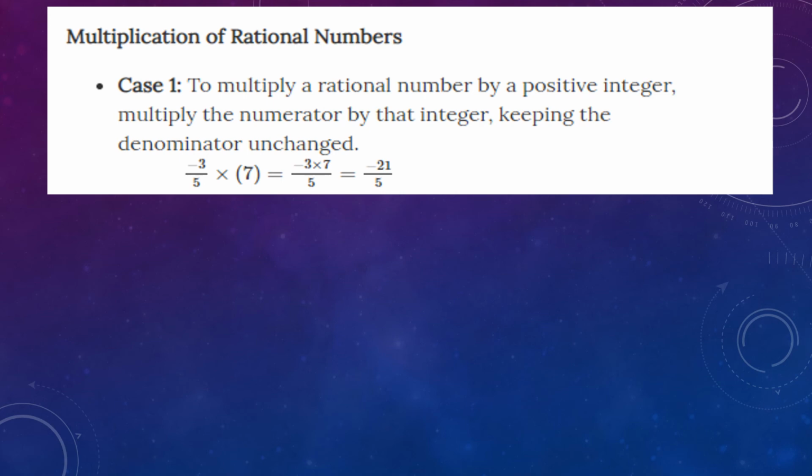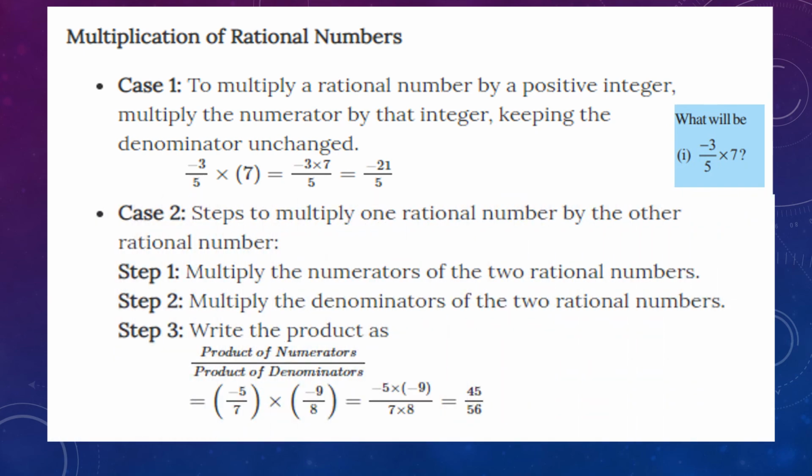Second case, if you want to multiply one rational number by another rational number. That is also same like fraction into fraction. How are we multiplying? Multiply the numerators together divided by denominators together. Same manner here we can do. Multiply the numerators of the two rational numbers and then multiply the denominators of the two rational numbers.